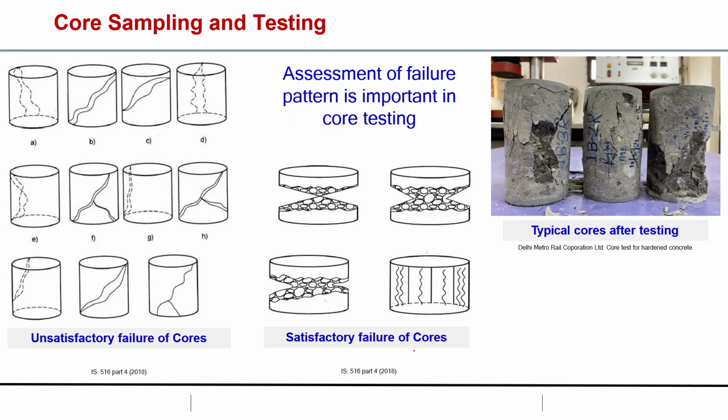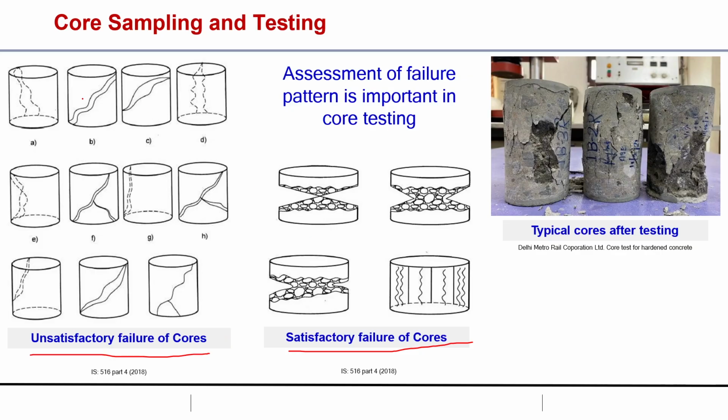Okay, and this is our last slide, core sampling and testing related to the unsatisfactory failure and satisfactory failure of the core. You can see these figures are given in IS 516 part 4, 2018, the unsatisfactory and satisfactory failure modes.